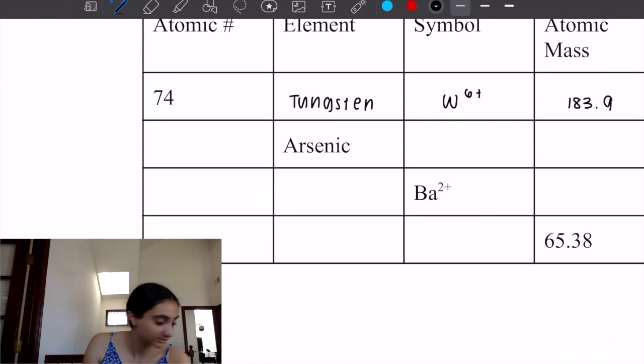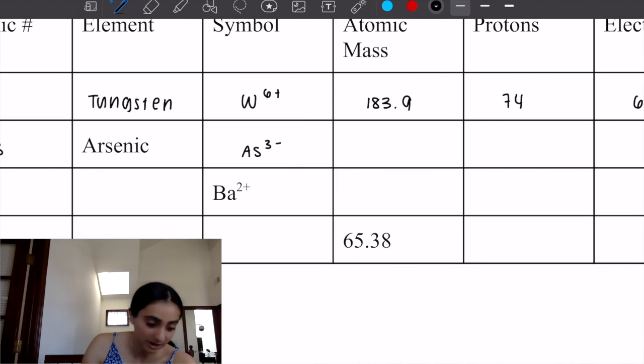Okay, now let's do arsenic. So look on your periodic table, it's number 33. The symbol is As 3 minus. The atomic mass will be 74.92. And to get this symbol, I am just doing the chart. I'm just flipping the number and the sign. So I forgot to label my units.